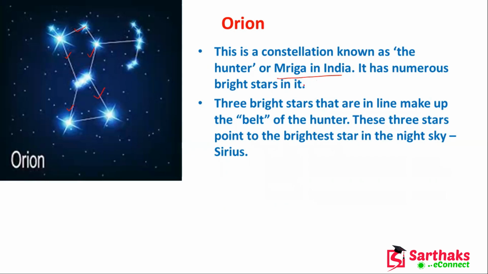It has numerous bright stars in it. And three bright stars in a line make up the belt. This is the belt of the hunter, and these three stars point to the brightest star in the sky, Sirius. Okay, so these three stars are very important.